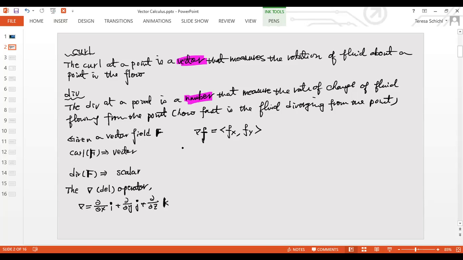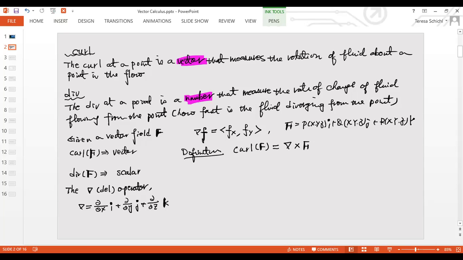Now, the curl is a vector. The way we define the curl is to use this operator and take the cross product with the vector field. Of course, F here is a vector field in 3 dimensions: P(x, y, z) i plus Q(x, y, z) j plus R(x, y, z) k.